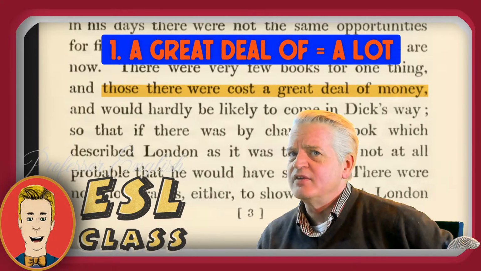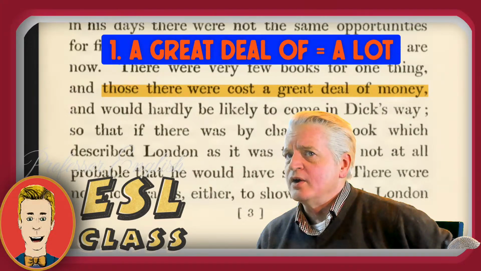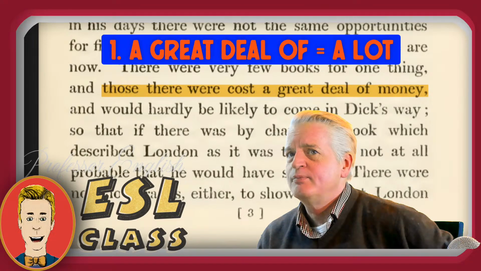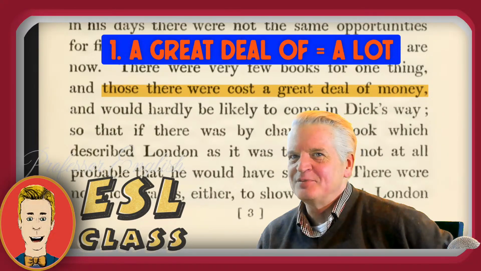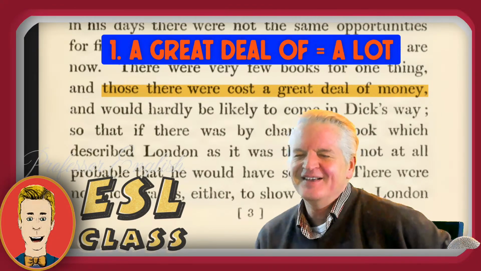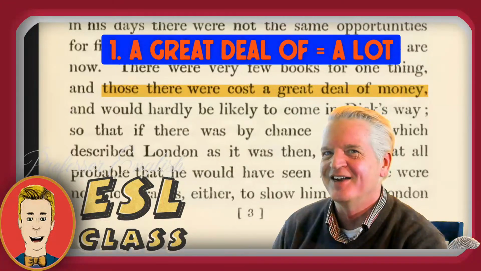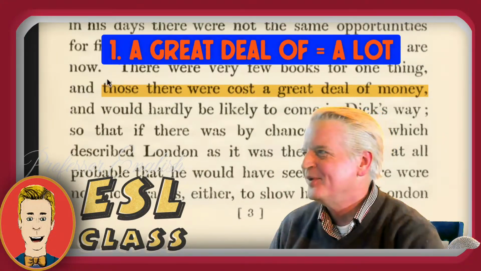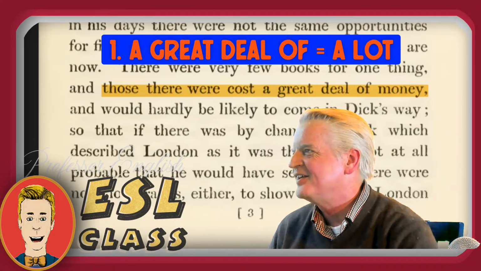What is the opposite of common? Rare. Books were rare. No, books weren't common. They were rare. I don't know why I put that one. It doesn't practice a great deal of. I don't know what I was thinking. Maybe I got distracted. Okay, well, that's a great deal of. A great deal of means a lot.